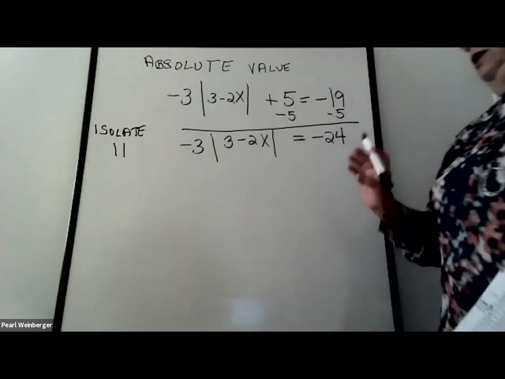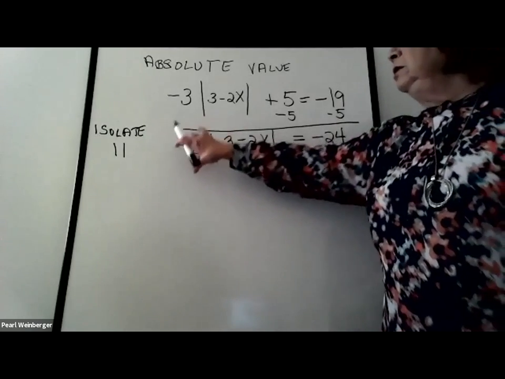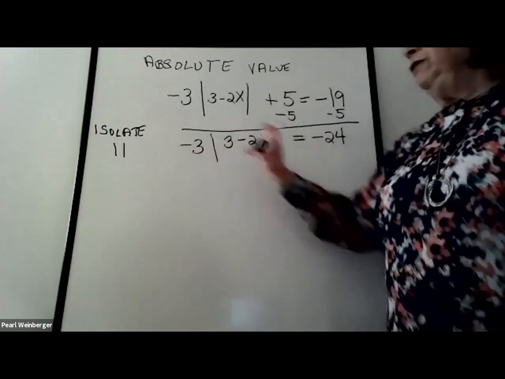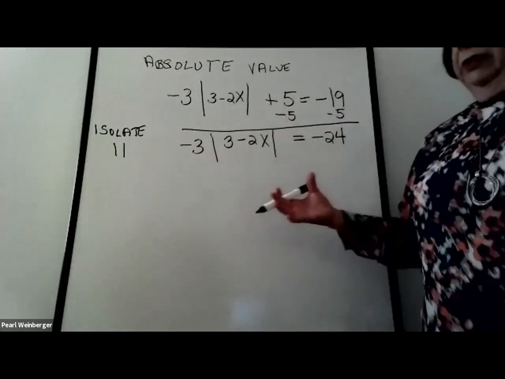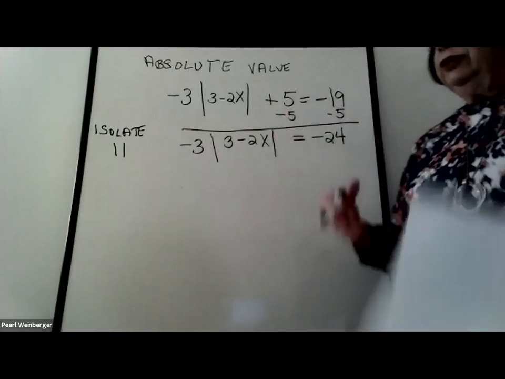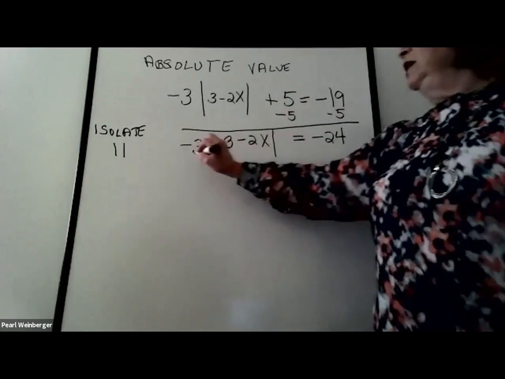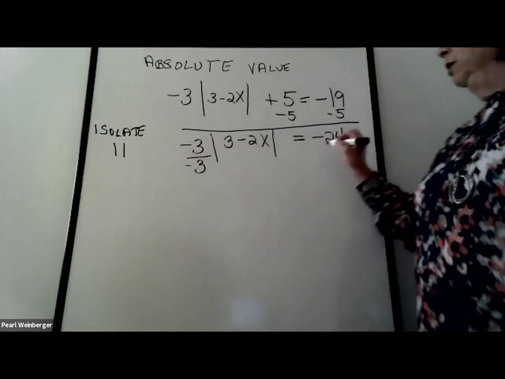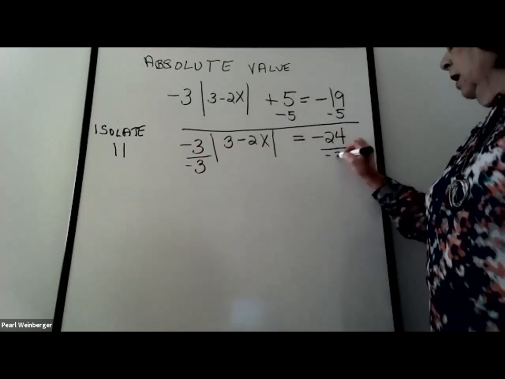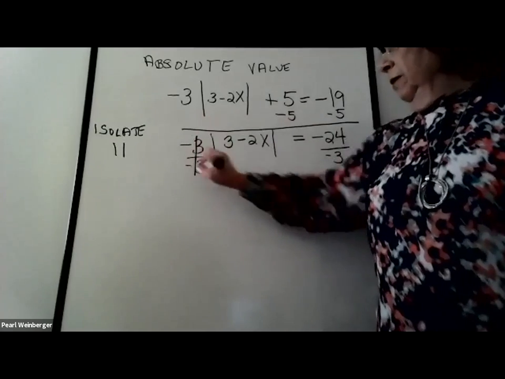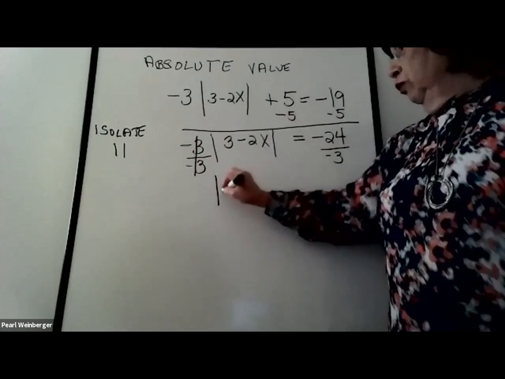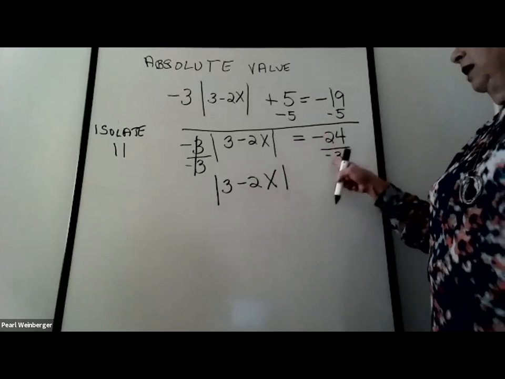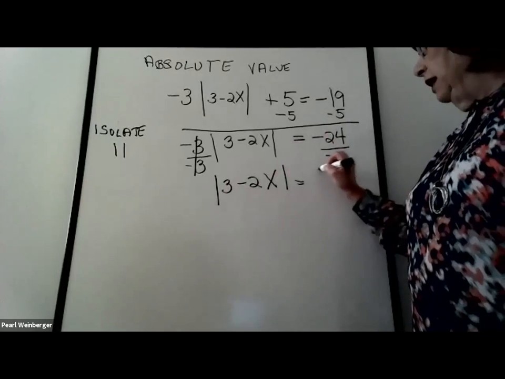The next thing I see is there is a number in front of the absolute value. This is like having a -3 in front of an x. When you're solving an equation, you don't want to get -3x, you want to get what x is. So the next thing is to divide by whatever the absolute value is being multiplied by, so that you end up with the absolute value of 3 minus 2x equals -24 divided by -3, which is +8.